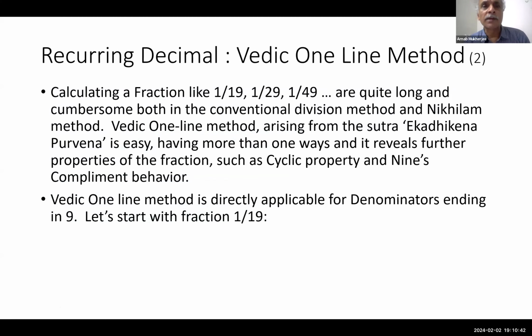Now, regarding decimals, I go only to the case where it is pure recurring. What denominators ending in which digits will give you pure recurring? The digits are 1, 3, 7, and 9.